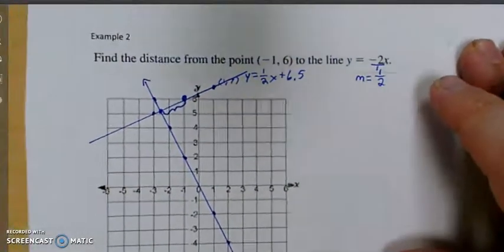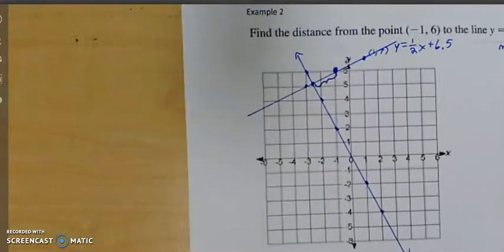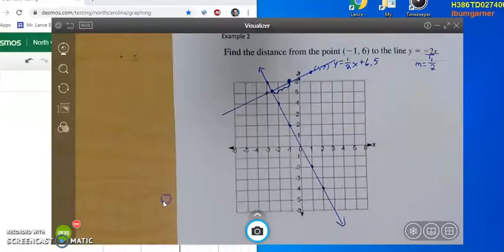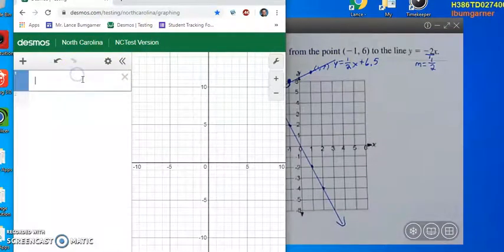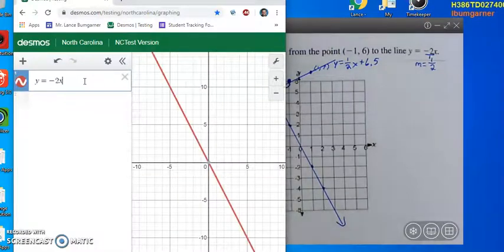I think the easiest thing to probably do here is actually use your Desmos graphing calculator. So that's what I'm going to do really fast. And I'm going to be typing in those two equations. So y equals negative 2x and y equals 1/2 x plus 6.5.